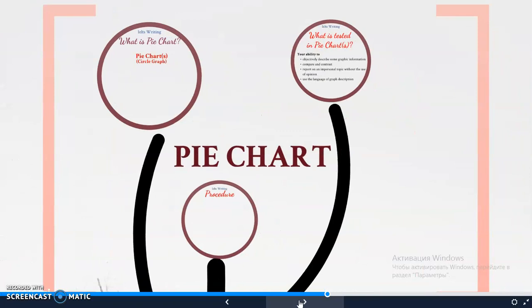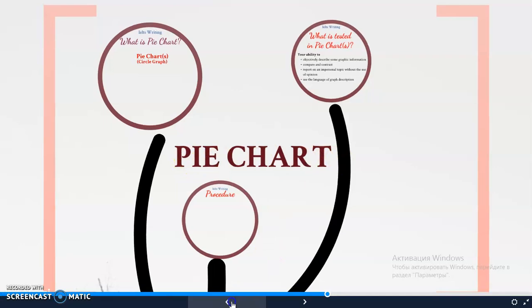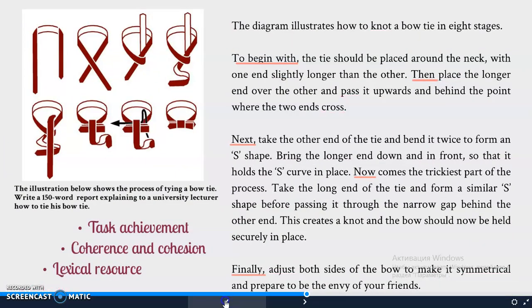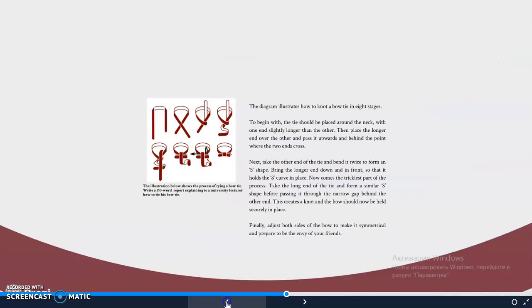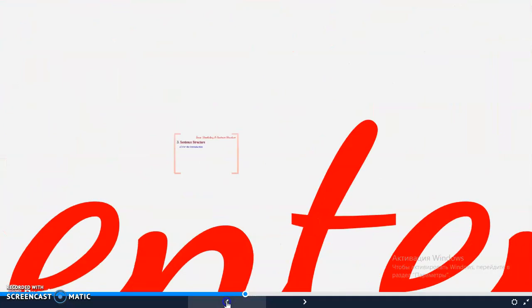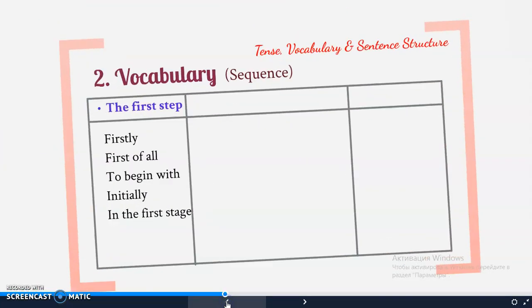So I think I will have to cut the video here because this is the end of our first lesson, and in the next lesson we will be discussing pie charts together. So your home task would be to write a report, and I will give you the task.